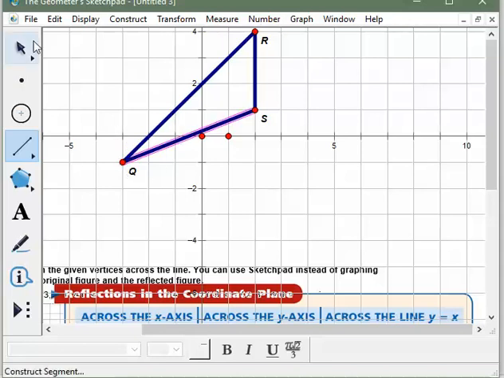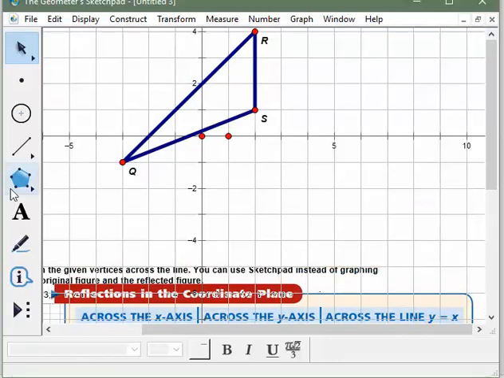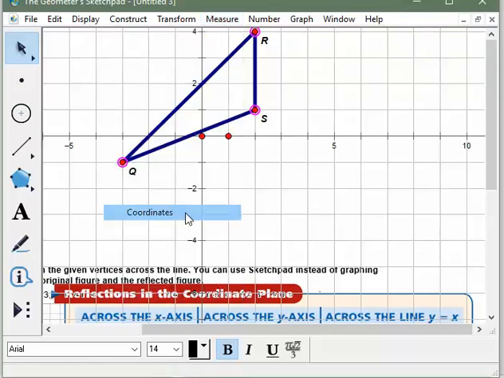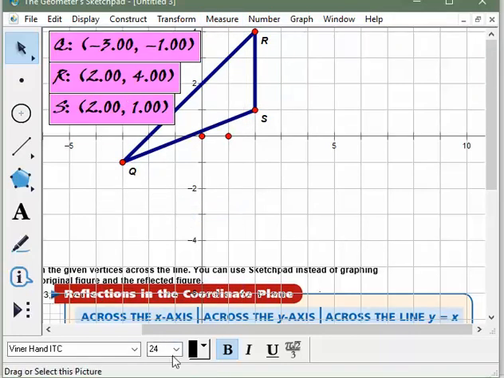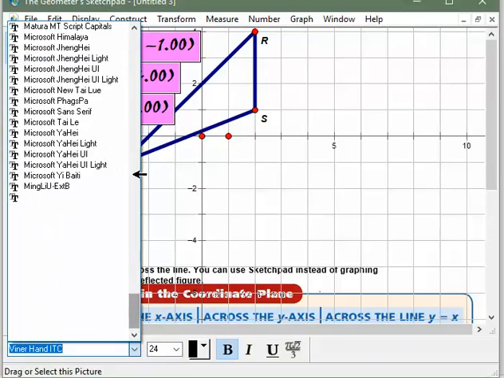All right, now I am going to reflect this about the x-axis. So to reflect about the x-axis, it might help to remember what these are. So I'm going to measure the coordinates so that they are showing up here. I'm going to change that back to a normal looking font.